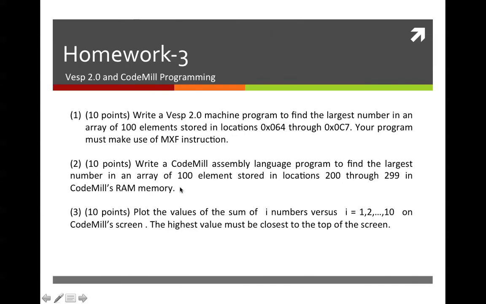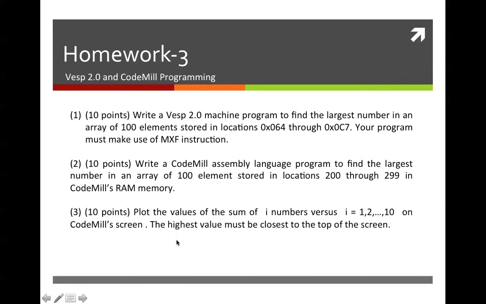Second problem asks the same programming exercise, but you want to do this in CodeMill. And in the third problem, you're basically required to plot the values of the sum of I numbers versus I, 1 through 10, on the CodeMill screen.